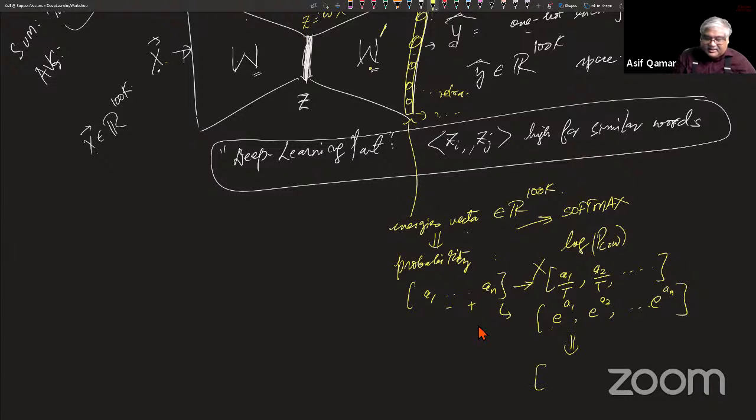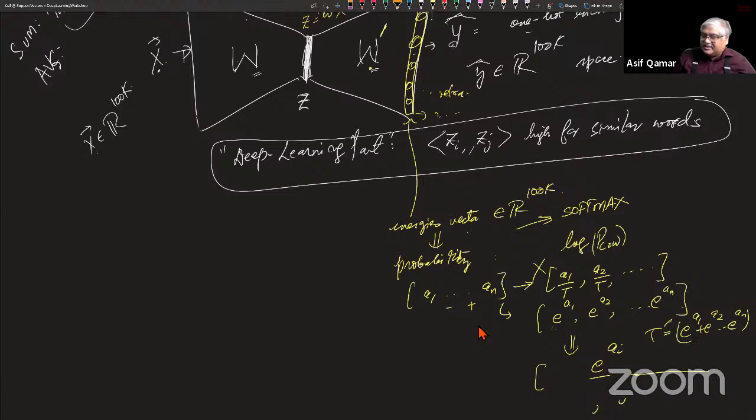Each value, e to the ai, divided by the sum of all of these things, aj. The new total t prime is equal to e to the a1 plus e to the a2, all of these numbers, e to the an.